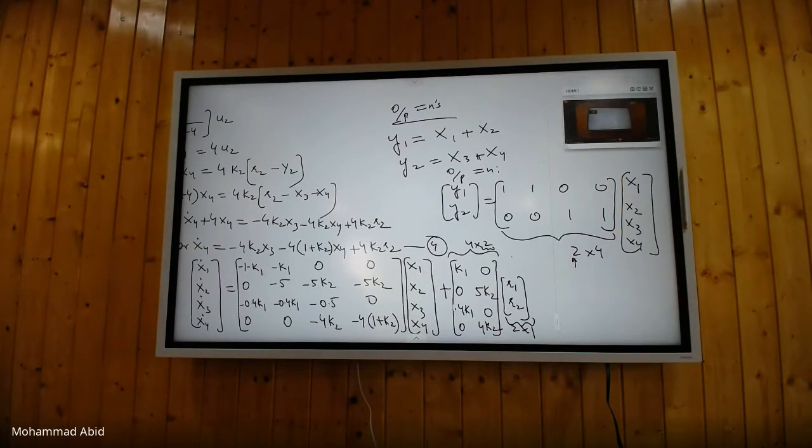Is that okay? So this is how the state variable representations for multi-input, multi-output systems are obtained. Is that clear to all?